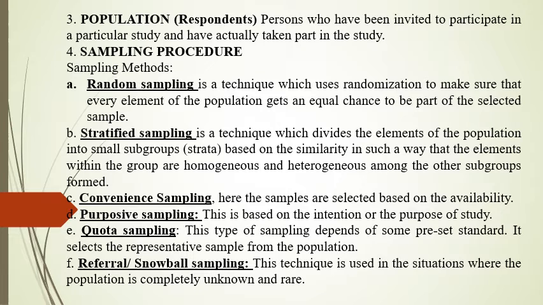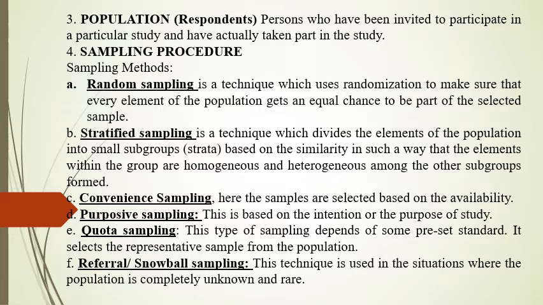We have random, stratified, convenience, purposive, quota, and referral. Random is a technique which uses randomization to make sure that every element of the population gets an equal chance to be part of the selected sample. Stratified sampling is a technique which divides the elements of the population into small subgroups, or strata, based on similarity in such a way that the elements within a group are homogeneous and heterogeneous among the other subgroups formed.